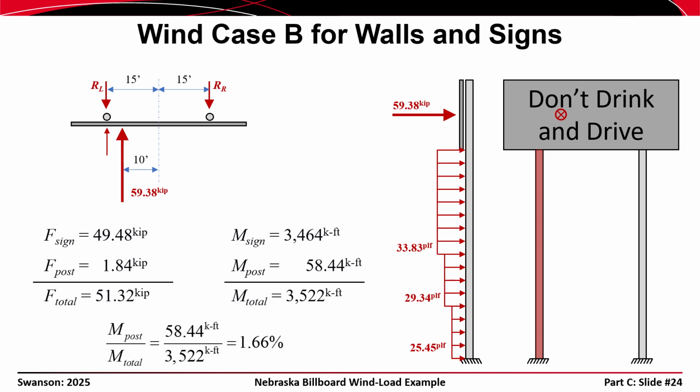So in this case, the effects of the wind acting on the post amount to less than 2% of the total wind effects. Still, this example is useful to illustrate the process that is used for calculating the wind loads on the posts, which is slightly different than that is used for the wind that is acting on the sign itself.